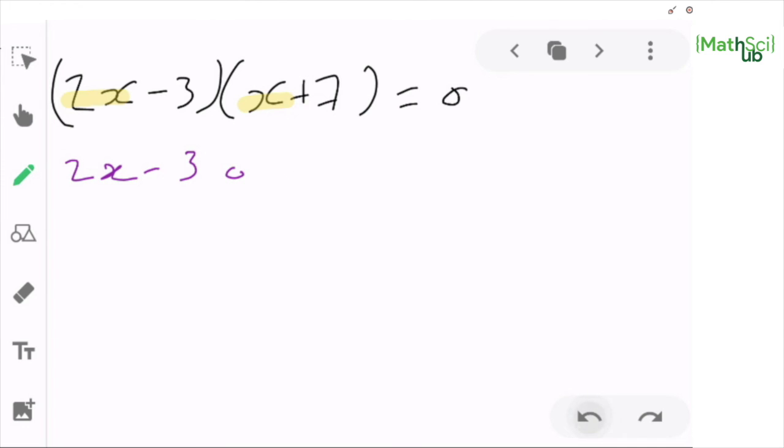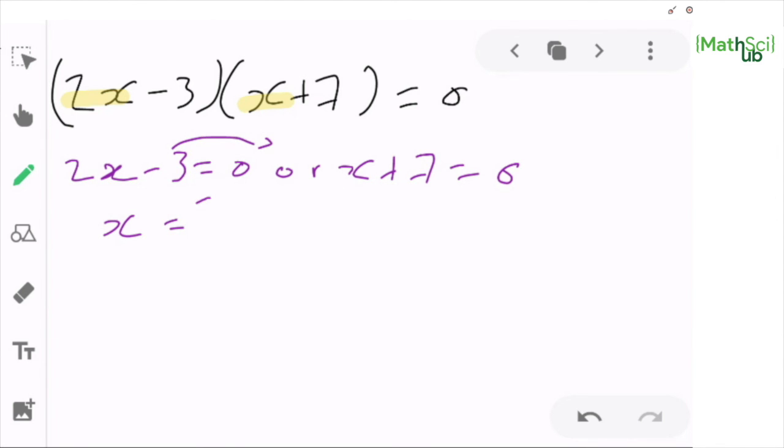Let me rewrite it again. 2x minus 3 equals 0, or your x plus 7 equals 0, meaning your x will equal, if we take the 3 to the other side and divide by 2, 3 over 2, or your x would be equal to negative 7.